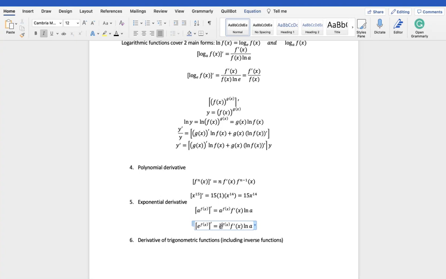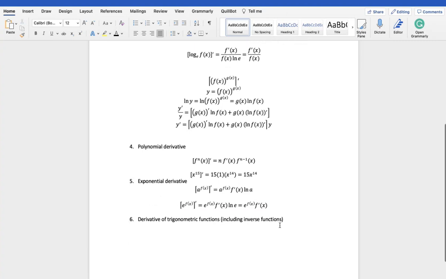This is just equal to e to the f of x multiplied by the derivative of f of x multiplied by ln of e, and that can just be simplified as e to the f of x multiplied by the derivative of f of x, right? Multiplied by 1, basically, because ln of e is 1, and that can be omitted because this whole thing multiplied by 1 is just equal to the same thing.